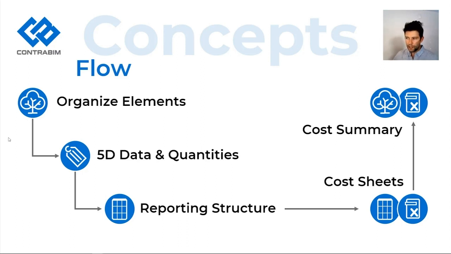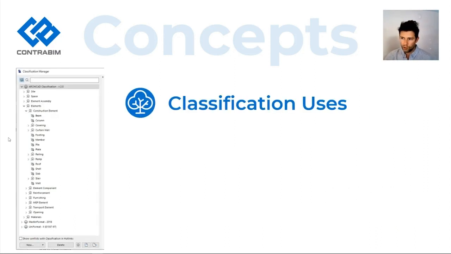So at the end of the day, our formatting for our cost summary likely will want to mirror that of our original classification that we add to our model elements. And in general, this is the flow for how I see all these things coming together and working.